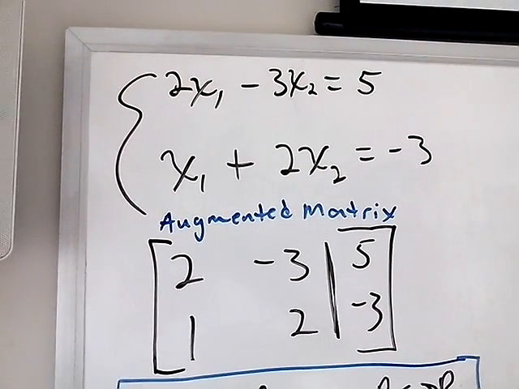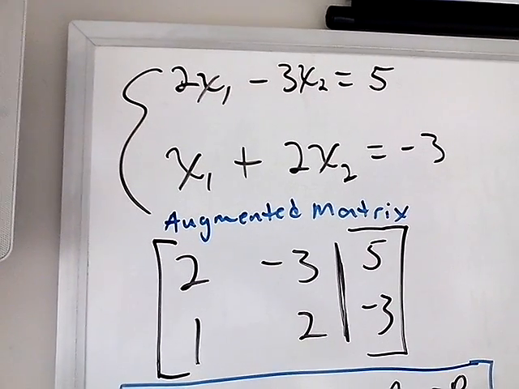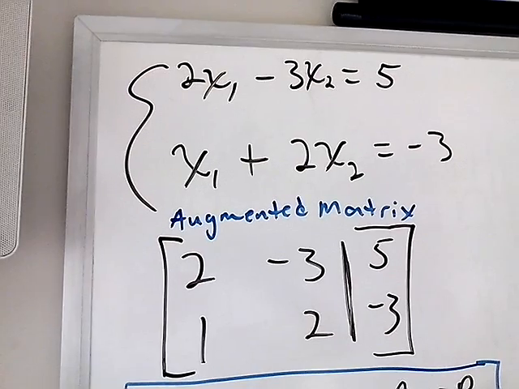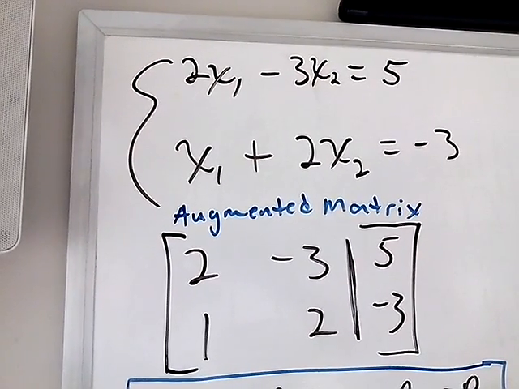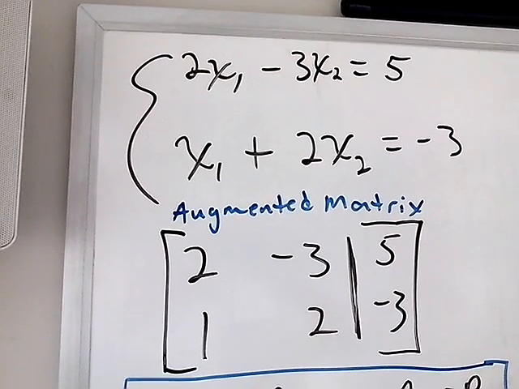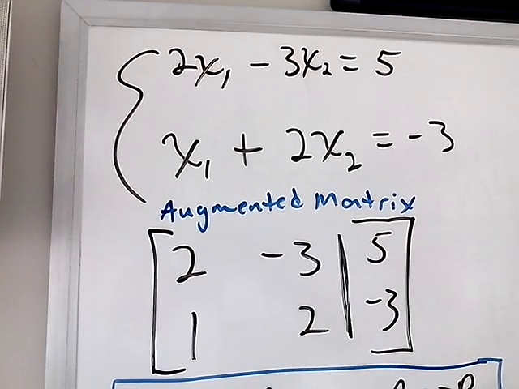We can also multiply rows by non-zero constants. And another thing that we can do is constant multiples of a row can be added to another row.